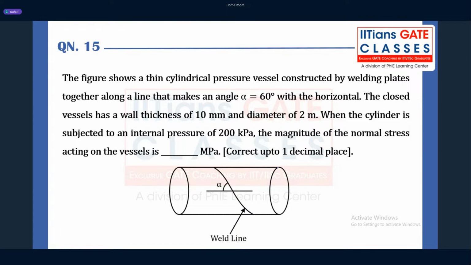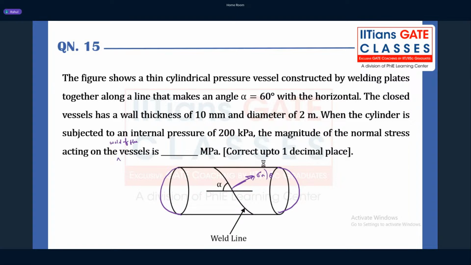This vessel is a closed vessel with hemispherical ends, having a wall thickness of 10 mm and a diameter of 2 meters. When the cylinder is subjected to an internal pressure of 200 kilopascal, what is the magnitude of the normal stress acting on the weld of the vessel?